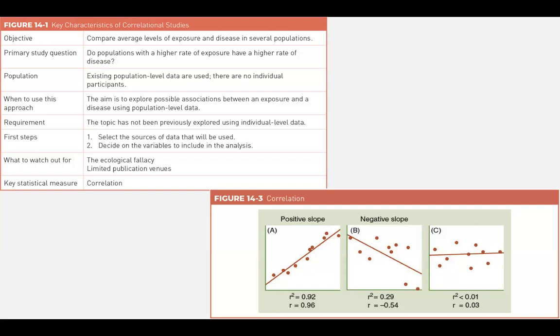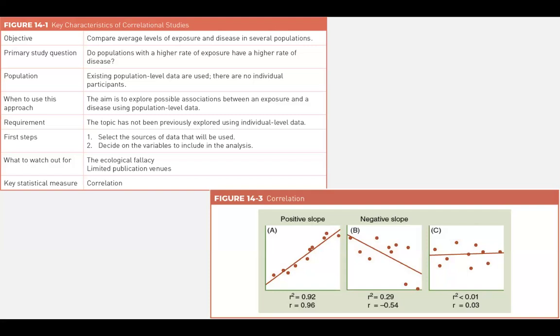We're looking at data from the state's Department of Vital Records and Statistics, right? Existing data. There's no individual participant. So with correlational or aggregate studies, we're not interviewing people, we're not doing surveys, we're looking at data that has already been collected, that exists at the aggregate population level, and we're looking for associations between exposure and outcome.